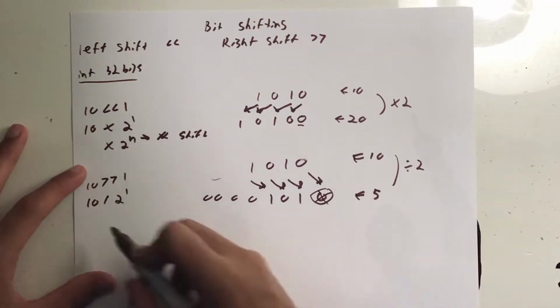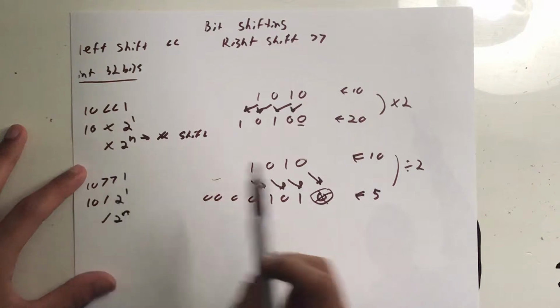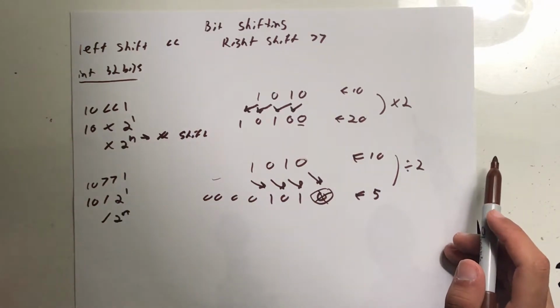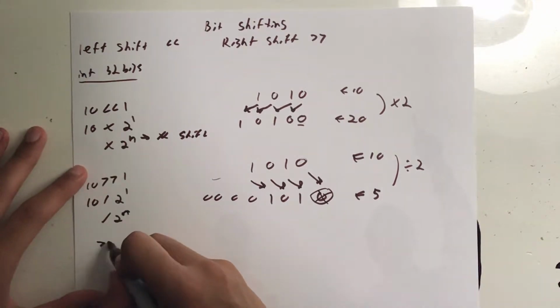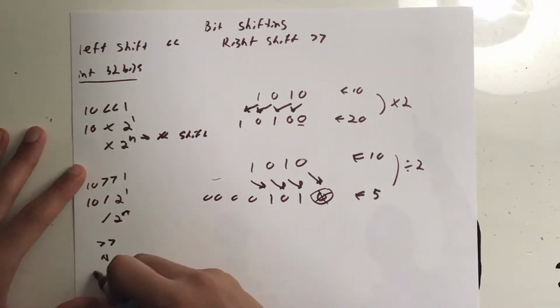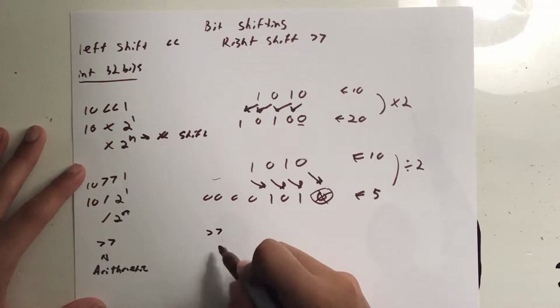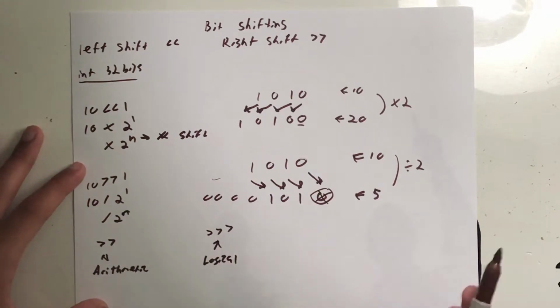So when you right shift, you're going to divide by 2 to the nth power, where again, n is the number of times you're going to shift. There is a thing called logical shift. So this is called arithmetic, and this is called logical. You might see these come up.